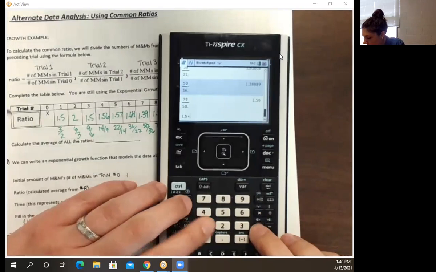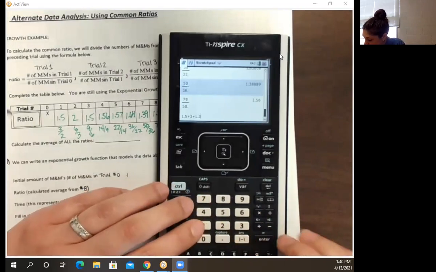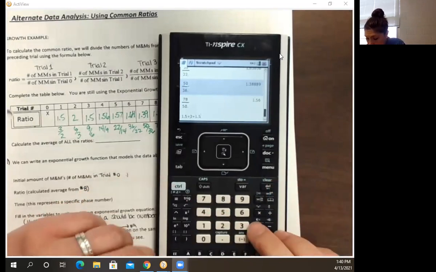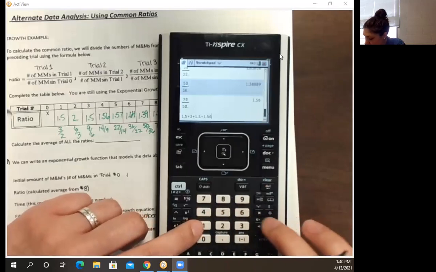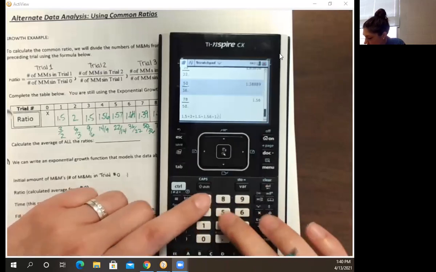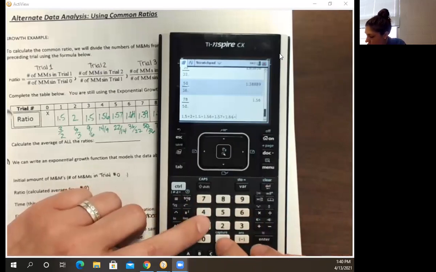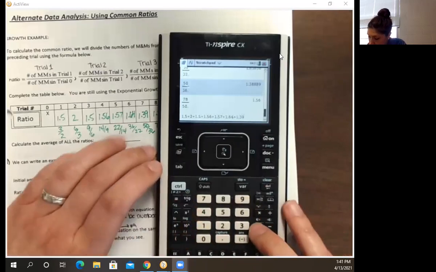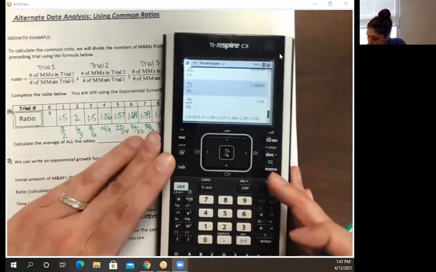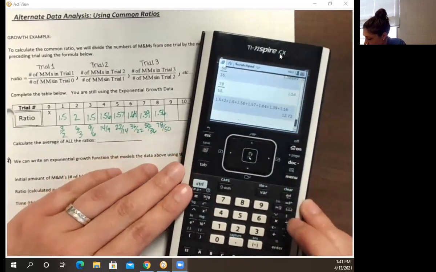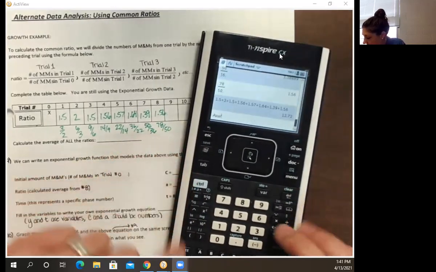And then we're going to take the average of all of these ratios that we found. So 1.5 plus 2 plus 1.5 plus 1.56 plus 1.57 plus 1.64 plus 1.39 plus 1.56. And we're dividing by 8. 1.59.